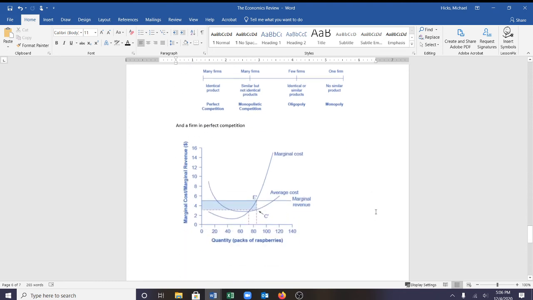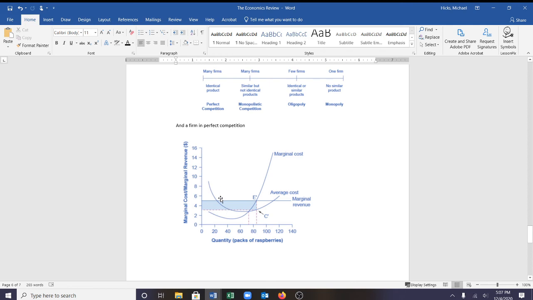And so a firm in perfect competition is going to look like this. They're going to have a flat marginal revenue or demand curve. In my example, I also showed that counterpoise to the market itself. Then I have the average cost curve and a marginal cost curve. And this happens to show a firm with a profit here. Recall that the perfectly competitive firm then could have entrants.